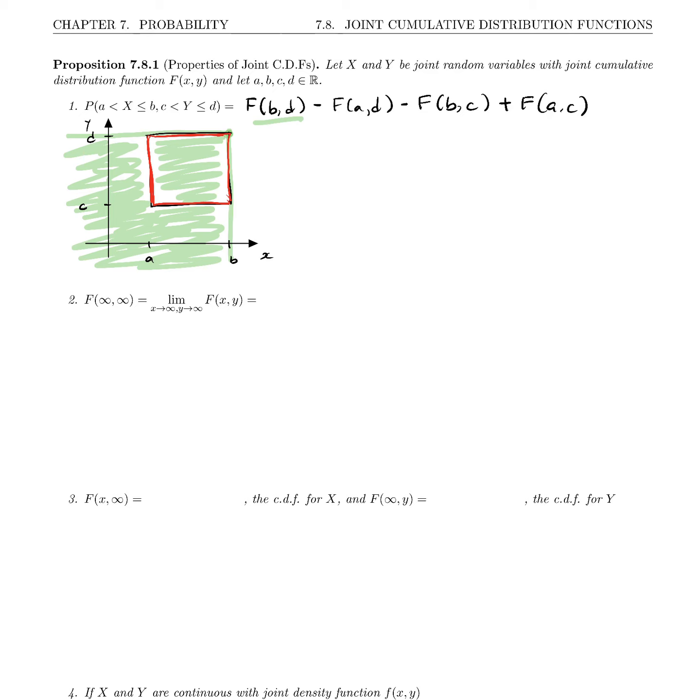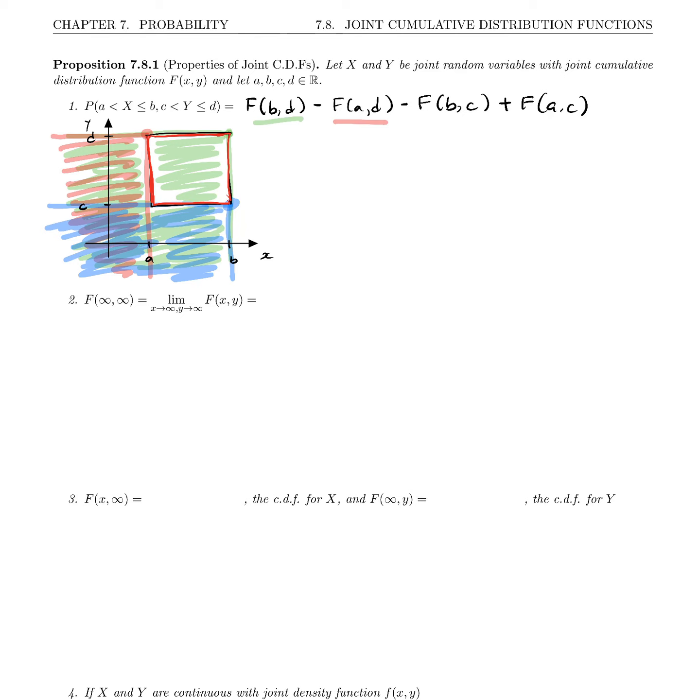If we subtract off F of AD, well, AD is here, and so we're subtracting off everything below D and everything below A. So we subtract off the right piece, but not all of it. We also need to subtract off down here. If we subtract off F of BC, well, BC is here, so everything below C and everything below B, then we get that last missing piece. But unfortunately, we also take this off down here.